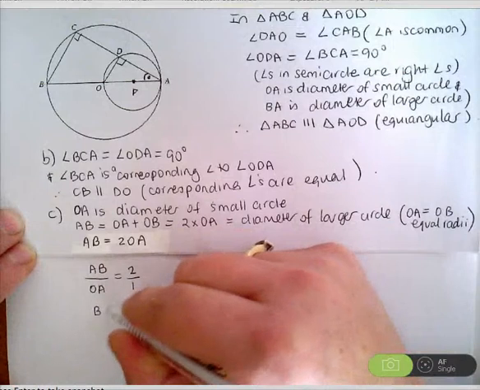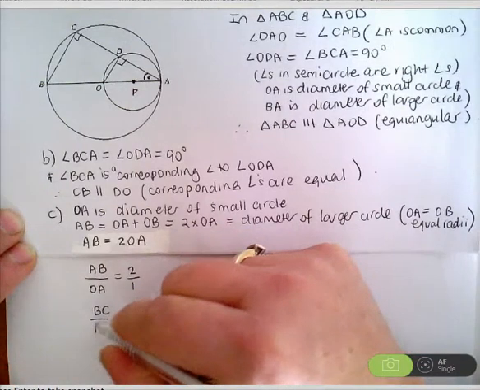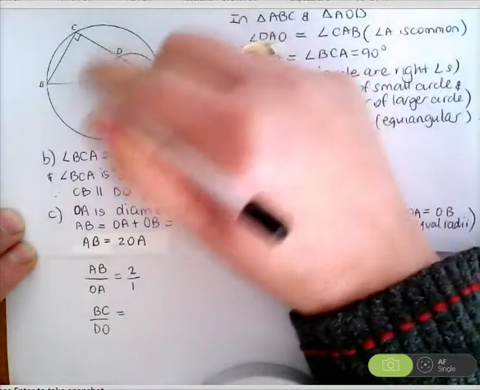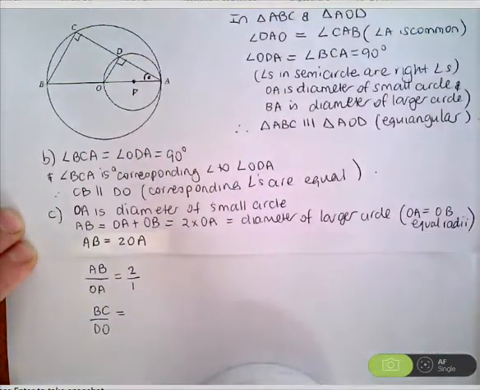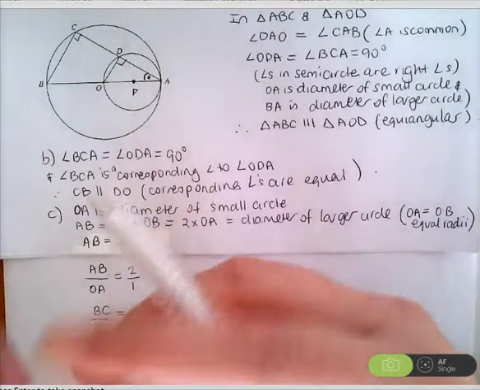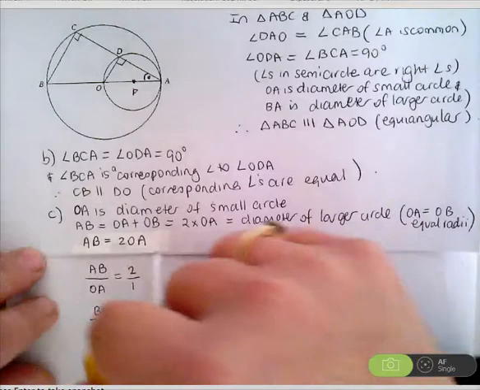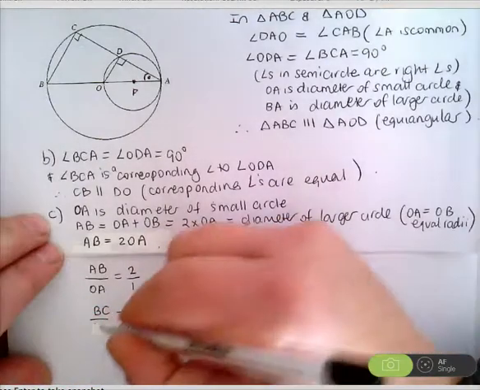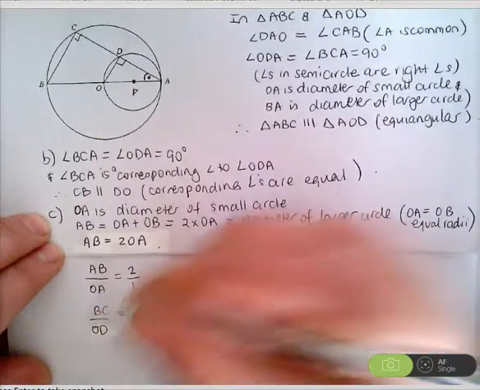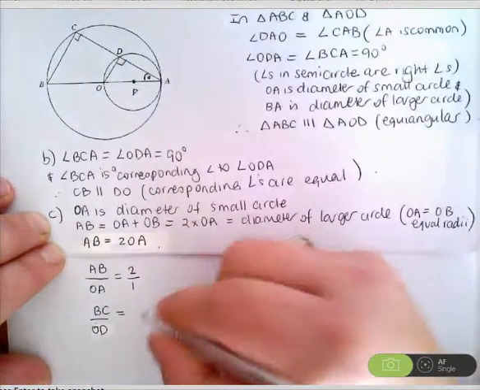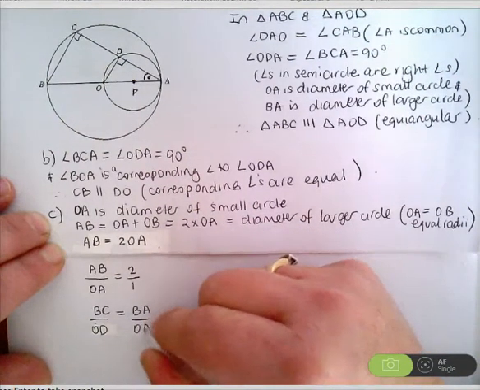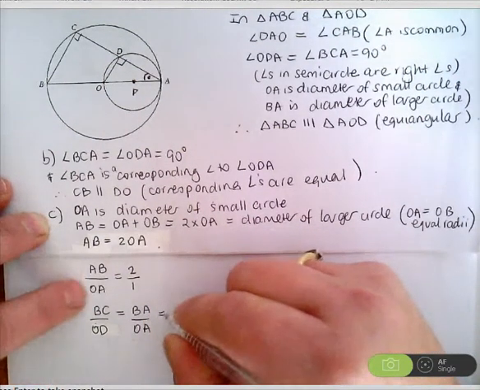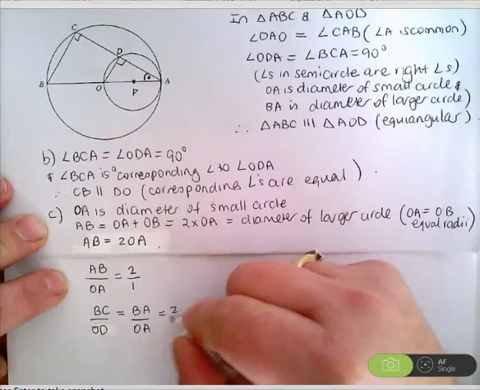So the ratio of BC to OD is equal to the ratio of BA over OA, and we know that ratio from up here is 2 to 1.